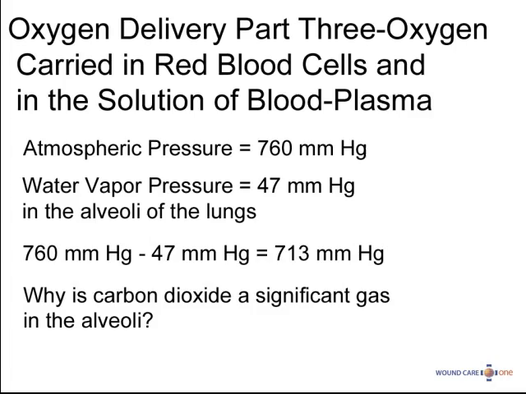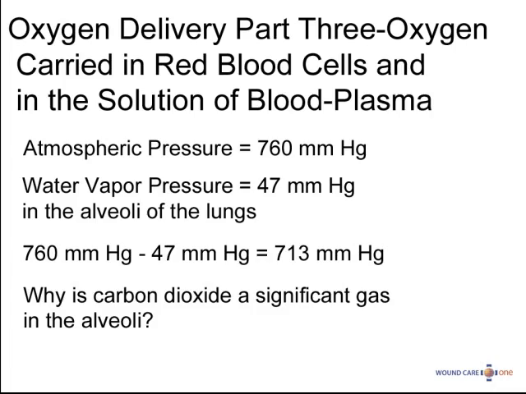The carbon dioxide in the alveoli is the waste product of metabolism being taken back to the alveoli in the blood. The concentration of the CO2 within the alveoli is greater than in the atmosphere. The partial pressure of carbon dioxide in the alveoli is approximately 40 millimeters of mercury pressure.